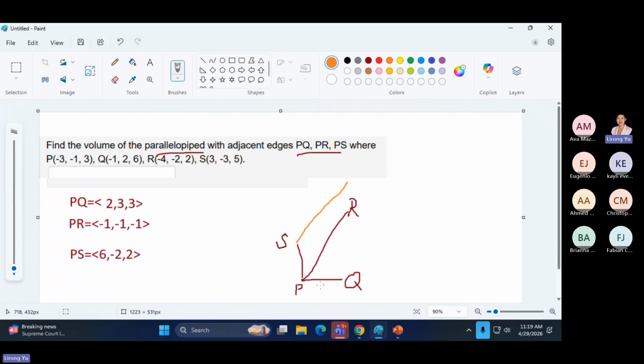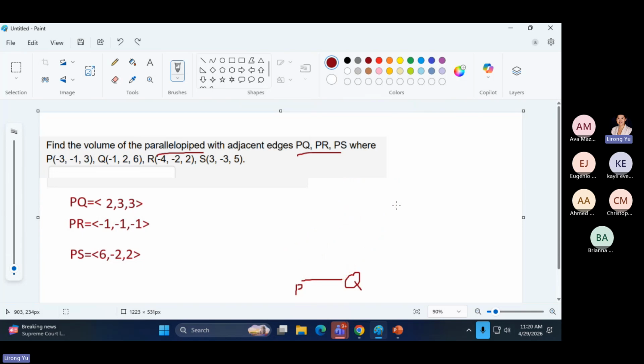This is parallel to PR, then you draw another parallel line, parallel to PS, and this is PQ again. That's what makes it look like a parallelepiped, but the graphing, of course, is not required.